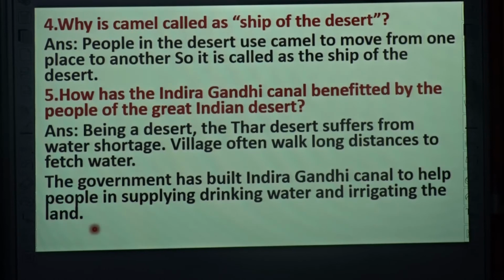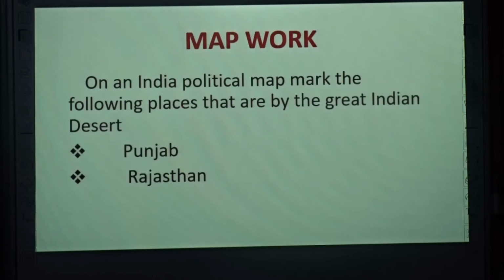Understood, children? That's all about your question and answer. Now it is time for the map. On an India political map, mark the following places that are in the Great Indian Desert.